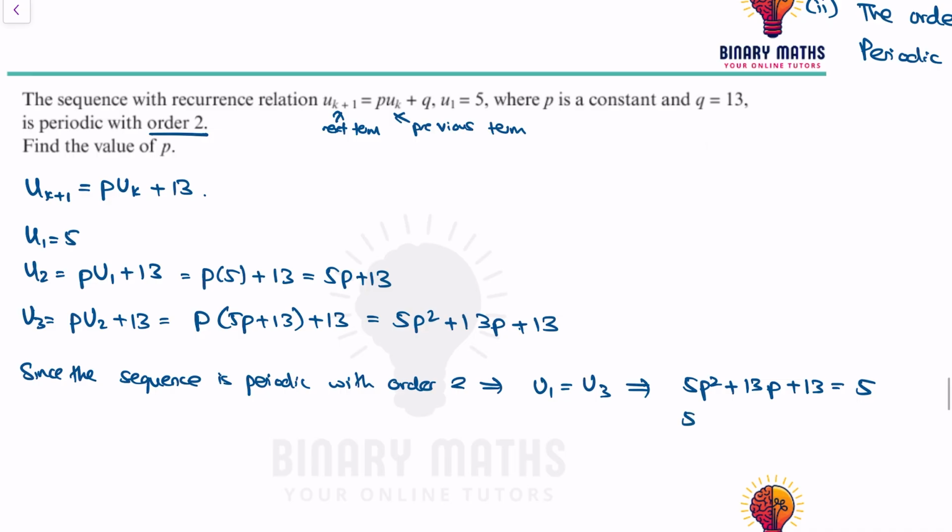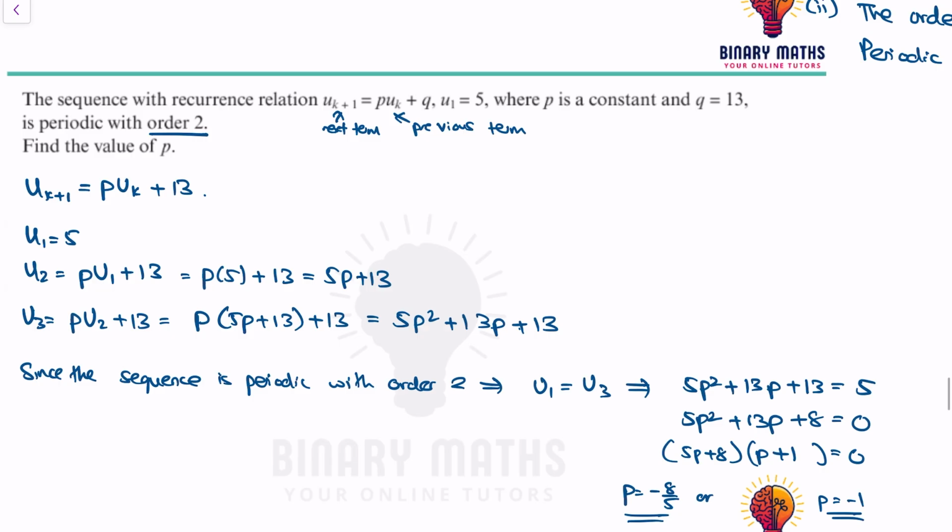If we rearrange it, we get 5P squared plus 13P plus 8, since 13 take away 5 is 8. If I factorize it, I've got 5P here, P there, plus 1 here, and plus 8 there, because then I get positive 8 as my constant. 8P plus 5P is 13P, which implies P is equal to negative 8 over 5, or P is equal to negative 1. And P is a constant. So it should have been find the values of P.